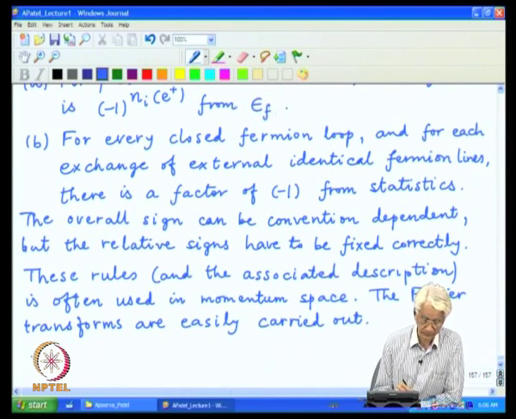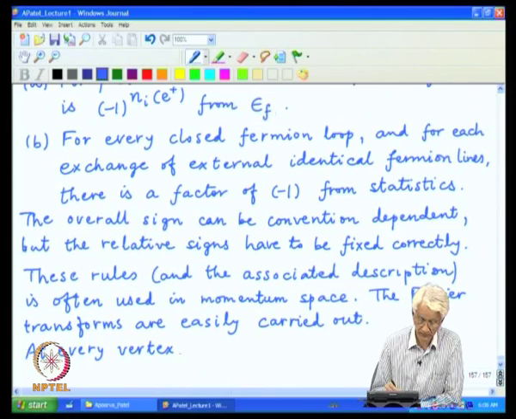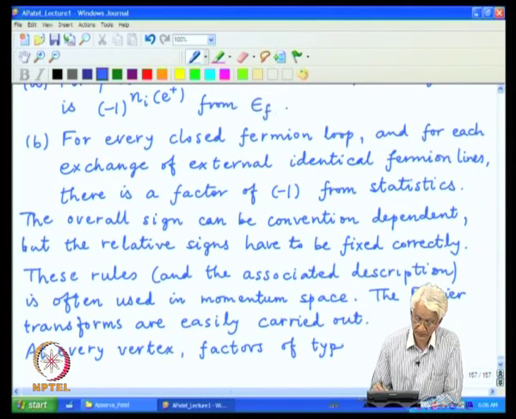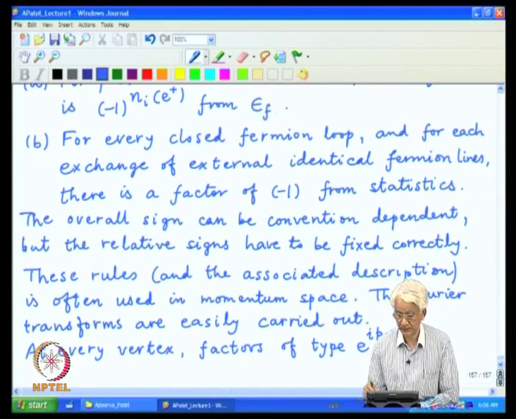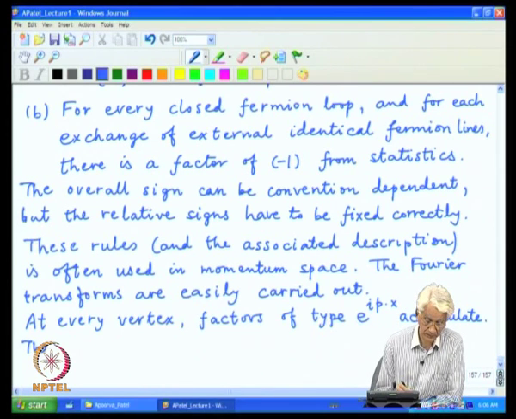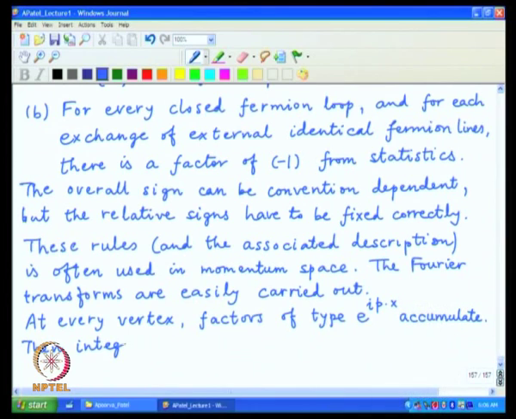So, at every vertex factors of type e raised to i p dot x accumulate, and then the integral over the position of the vertex, which I wrote down, produces a delta function.